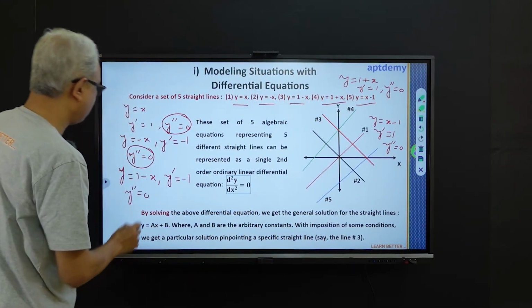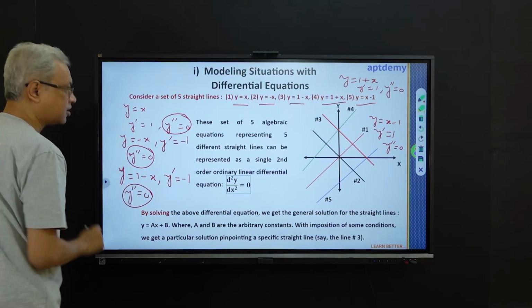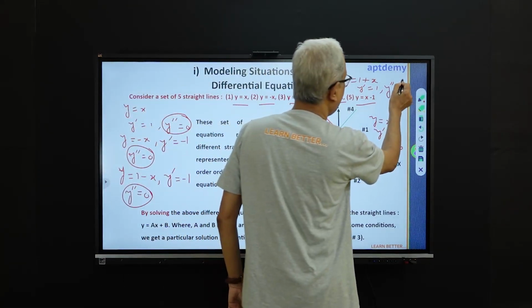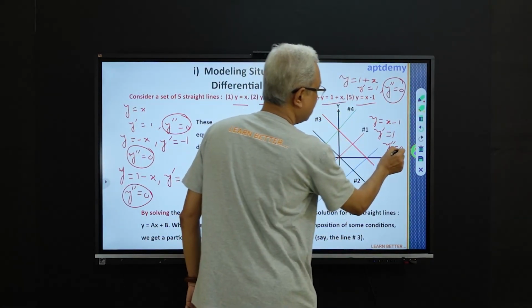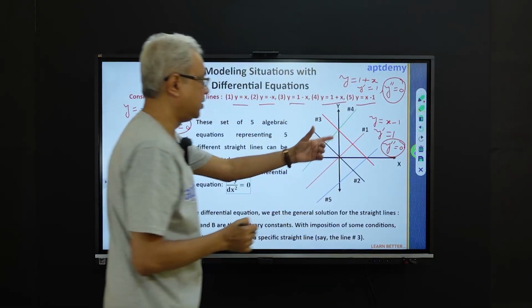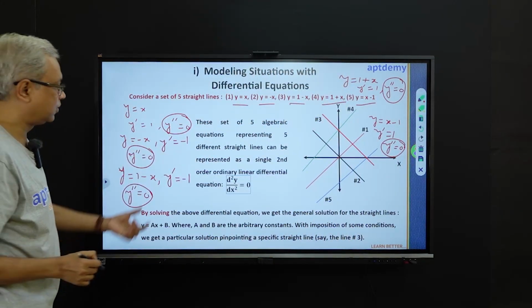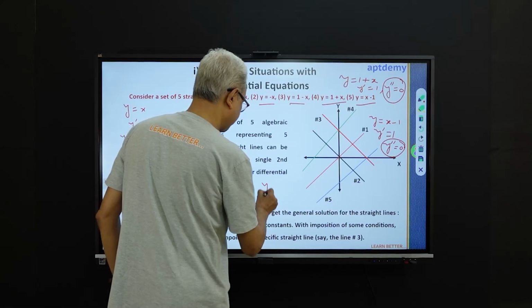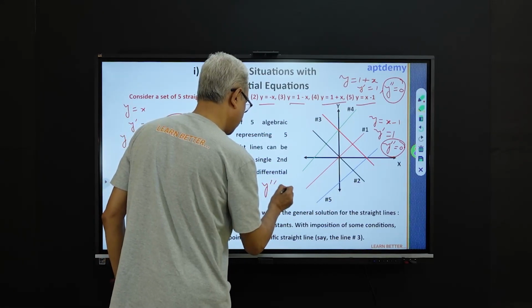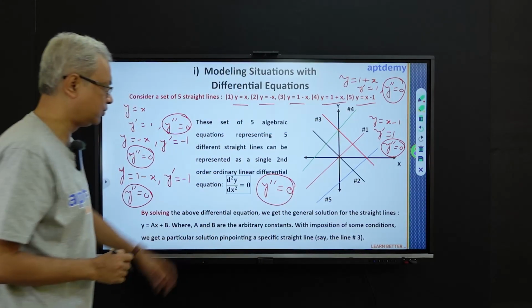So you see, in all the cases, starting with the algebraic equation, we get y double dash equal to 0, or otherwise d2y dx square equal to 0.